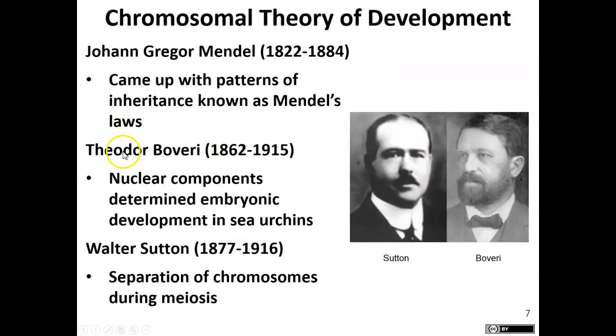It wasn't until Theodore Boveri and Walter Sutton, working separately, but in the same year, 1902, that they rediscovered his work. Theodore Boveri was looking at embryonic development in sea urchins, and he noticed that it was nuclear components that determined that development.